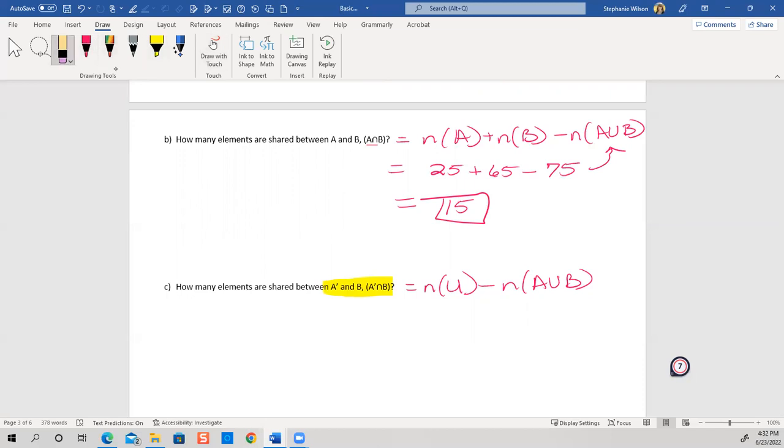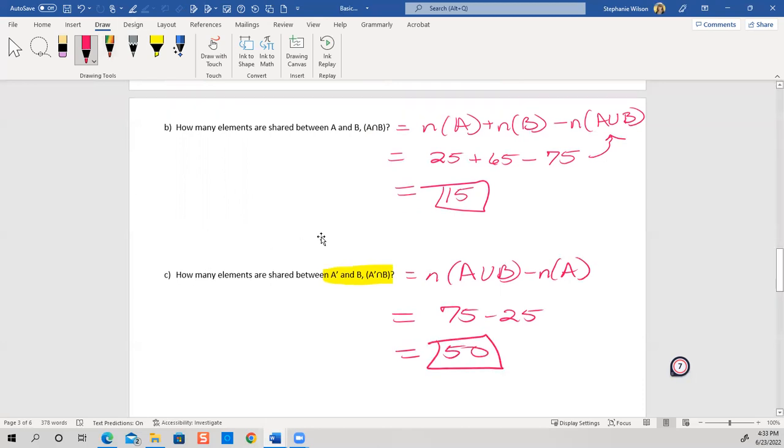We don't want A. Remember, we're doing the prime. So what do we got here? We are solving for A prime that intersects B. So my formula here is going to be the number of elements of A union B minus the number of elements of A. That makes sense because A is not included, right? So now that gives me 75 minus 25. And so now A prime that intersects B is going to be 50.